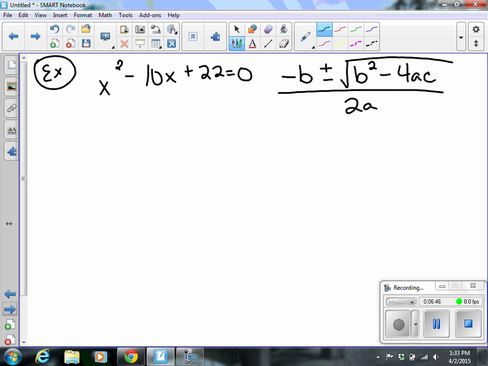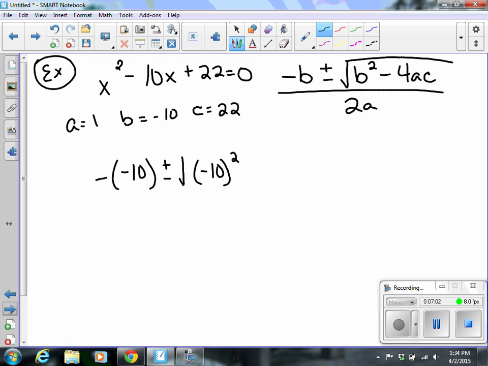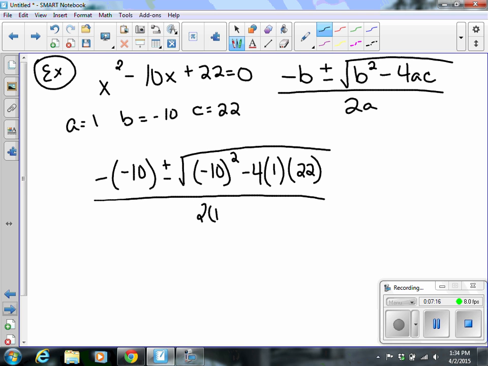So looking at this, a equals 1, b equals negative 10, and c equals 22. I'm going to plug in the information I know and then simplify. So I have negative negative 10 plus or minus the square root of negative 10 squared minus 4 times 1 times 22, all over 2 times 1.